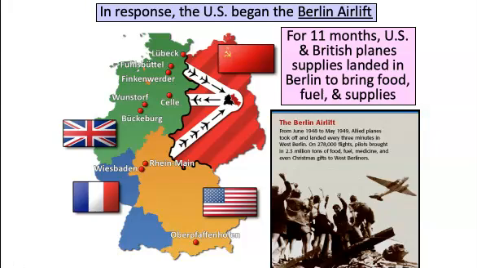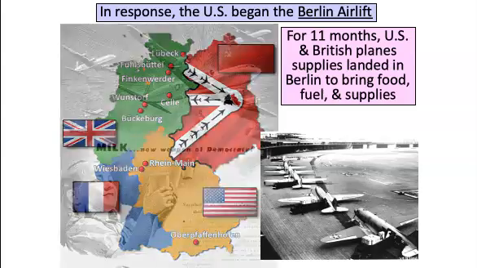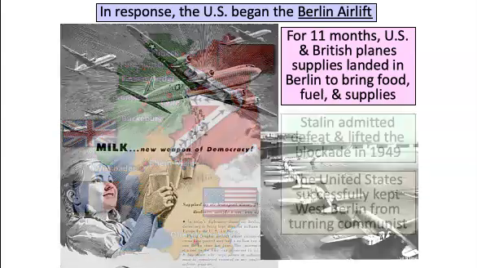In total, between 1948 and 1949, the Allies will have 278,000 flights, which will bring in 2.7 million tons of food and supplies. A plane will take off and land nearly every 3 minutes for 11 straight months.